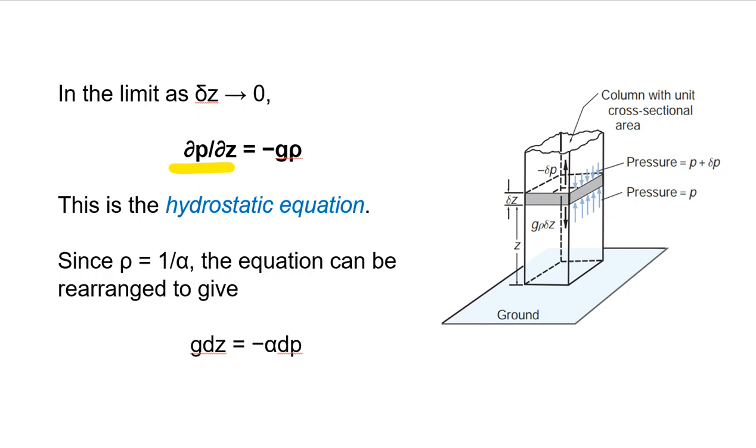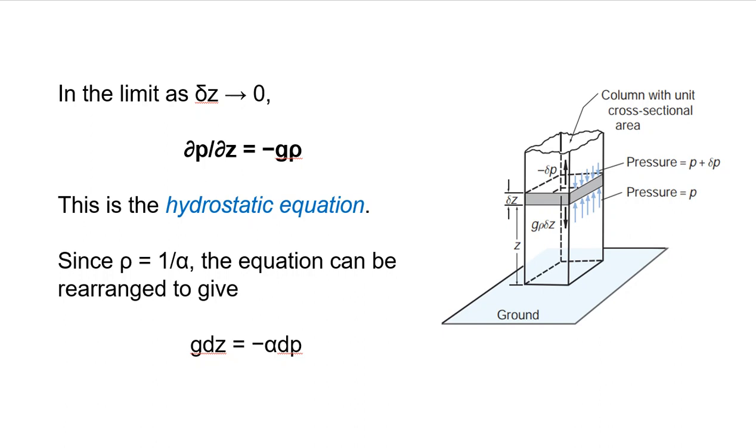It's because the variation of pressure with height is taken with other independent variables held constant. And again, we can note the negative sign at the right-hand side of the hydrostatic equation because pressure decreases with increasing height. And so when we talk about the hydrostatic equation, we are actually talking about the atmosphere equalizing.